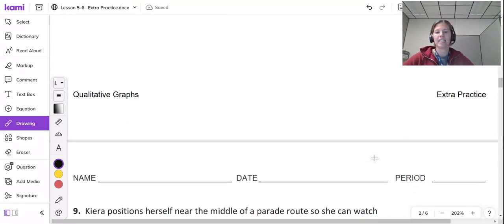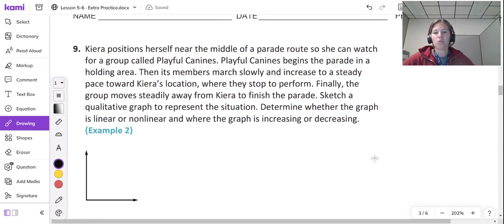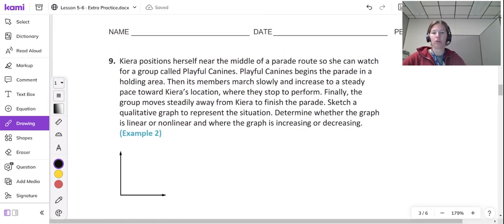Now let's take a look at this one. Kira positions herself near the middle of a parade route so she can watch for a group called Playful Canines. Playful Canines begins the parade in a holding area, at a specific place. Then its members march slowly and increase to a steady pace toward Kira's location.